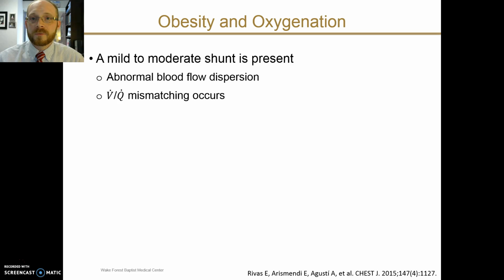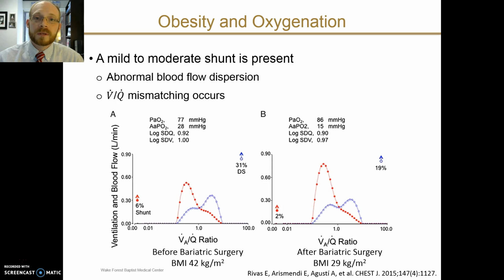In fact, recent studies have shown that a mild to moderate shunt is present in the morbidly obese patient. There's abnormal blood flow to the lung tissue, and this VQ matching can be demonstrated by a multiple inert gas elimination technique.